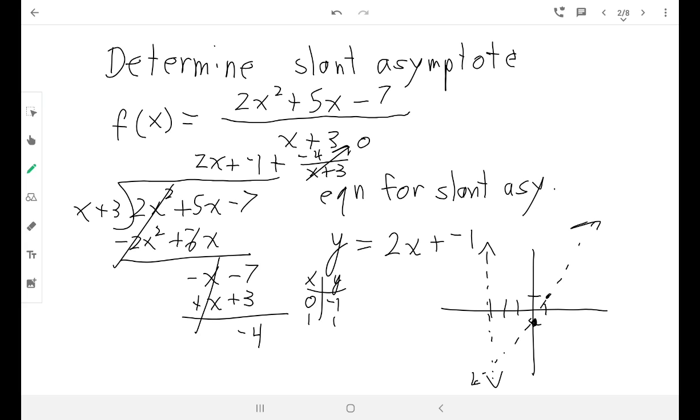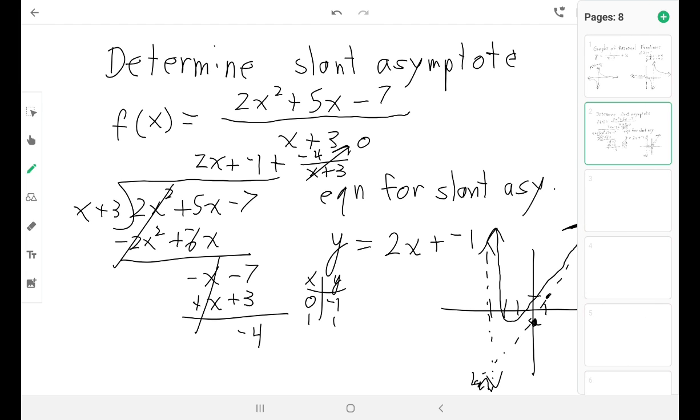And then these functions wind up looking like, a lot of times, like that and like that. I didn't leave myself a lot of room at the bottom there, but that's what they wind up looking like. So that's for functions with a slant asymptote.